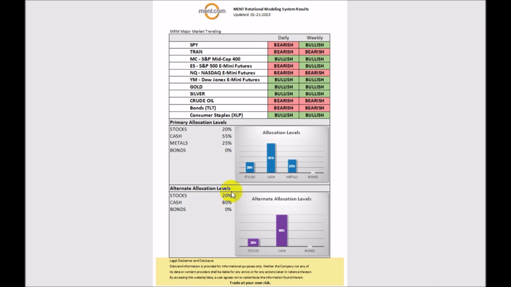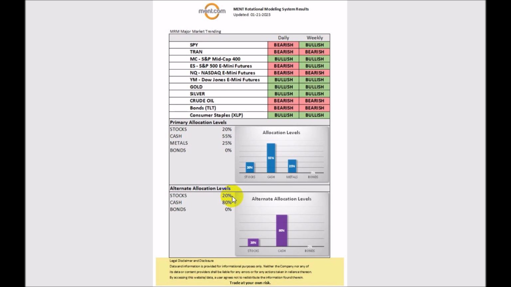This holding of stocks and cash is designed to protect us against risk right now. Because the rotational modeling system is not showing any united trend between daily and weekly, we're protected in cash, trading only a small amount of our money, and that gives us the ability to preserve capital through this consolidation period where others are losing 15, 16, 20%.